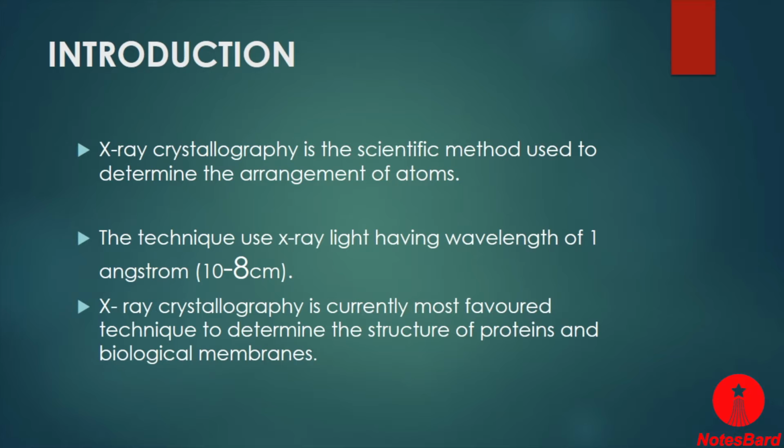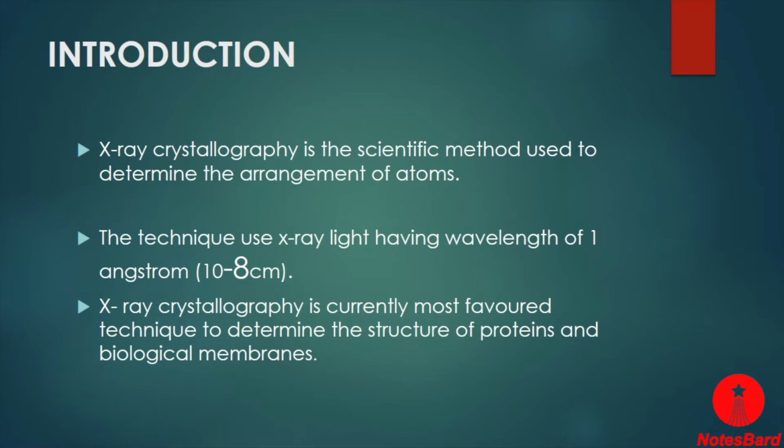Now this technique uses X-ray light, which has a wavelength of about 1 angstrom, or 10 to the power minus 8 centimeter in length. So we know what X-rays are. X-rays are also called X-radiation, which are a type of high energy electromagnetic radiation, and most X-rays have wavelengths ranging from 10 picometers to 10 nanometers. Due to their specific wavelength, these X-rays are used to identify the structure of the crystals of different types of molecules.